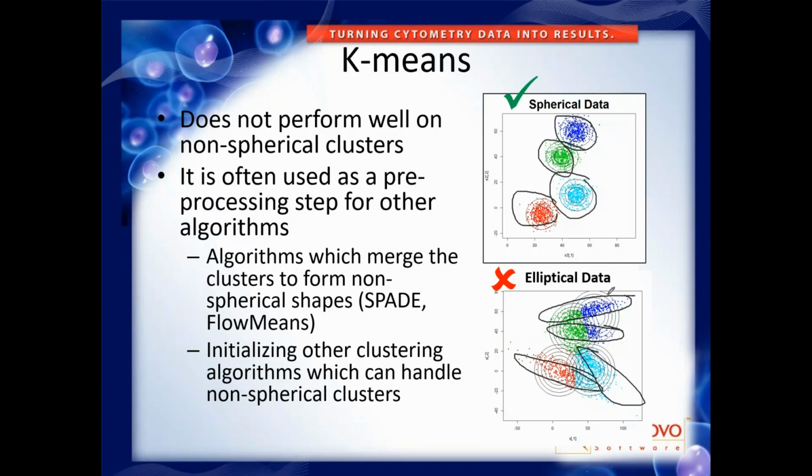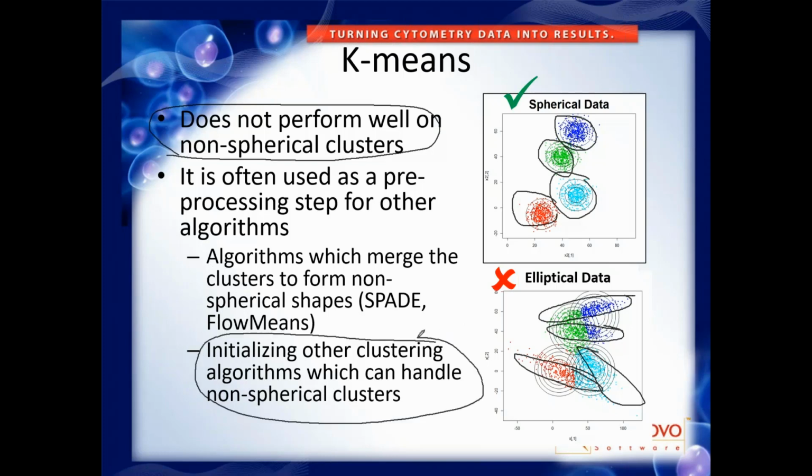It did find 4 clusters, and if you ran the K-means, it mathematically converges to the optimal K-means solution, but that optimal K-means solution is biologically irrelevant for you because your clusters don't deal with that. And so that's one of the challenges of K-means and why it's not very often used on its own. It's often used as an initial guess for clusters and an input to other algorithms which are better for non-perfect spherical data.